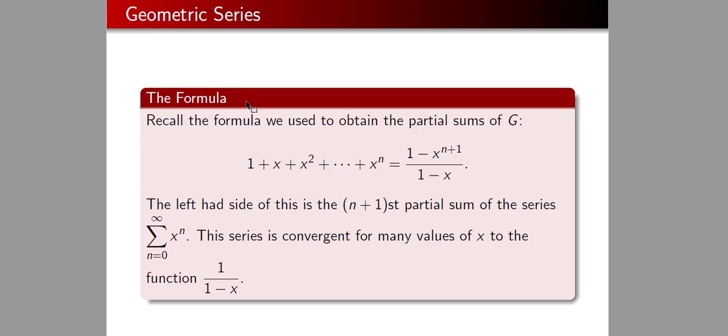The left-hand side of this is the n plus first partial sum of the series, the sum n equals 0 to infinity of x to the nth power. The series is convergent for many values of x to the function 1 over 1 minus x.